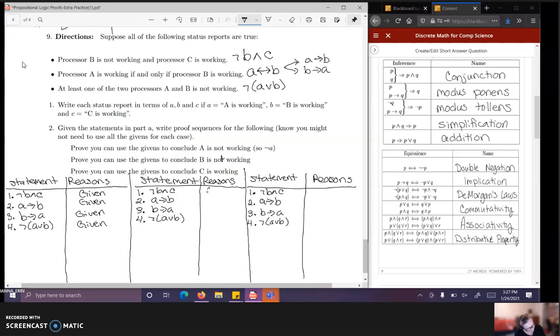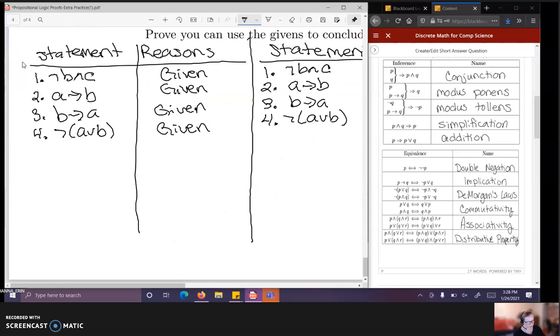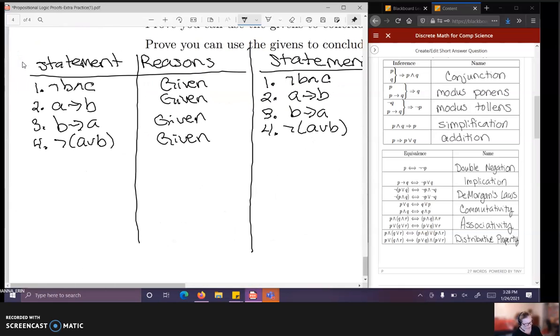So these are all givens. Let me zoom in a little bit to make sure that I'm writing small enough. What we want to conclude in this first one is that A is not working. So we want to somehow conclude not A.